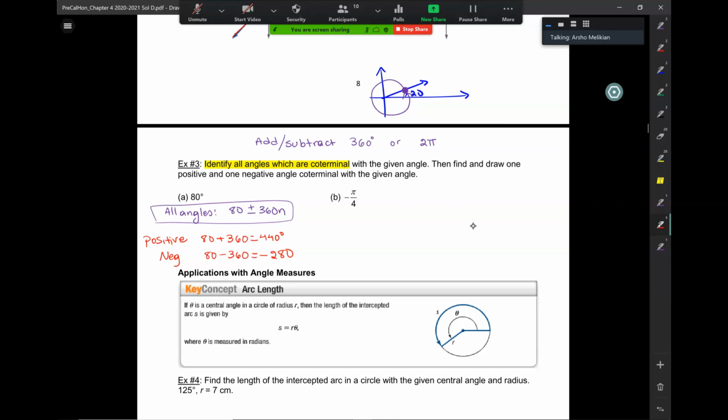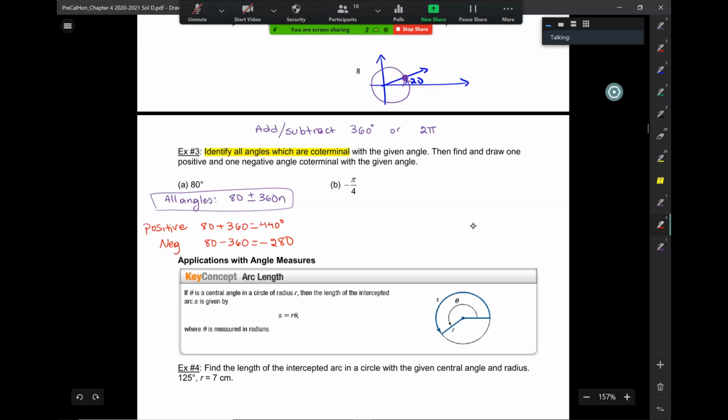All right? And then, next, this one. To find all angles, I do negative pi over 4 plus or minus, not 360 this time, 2 pi n. You guys are cool with the n?